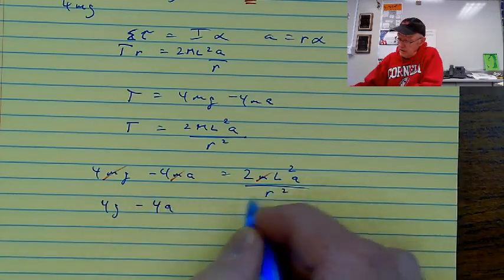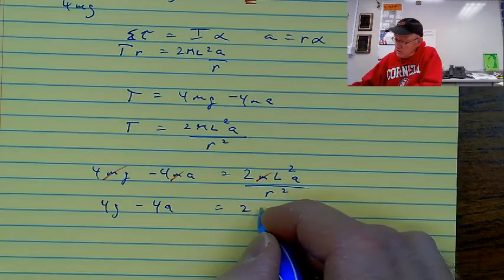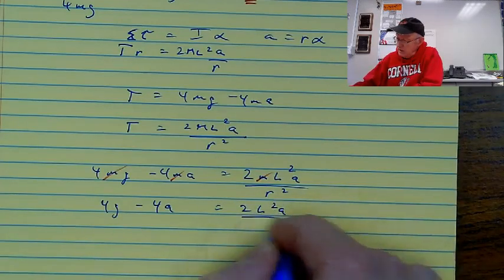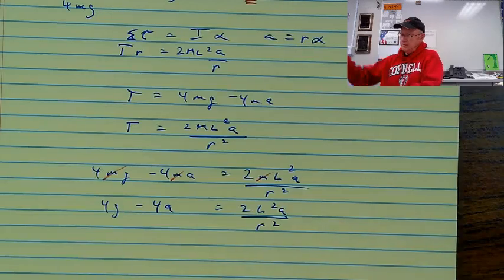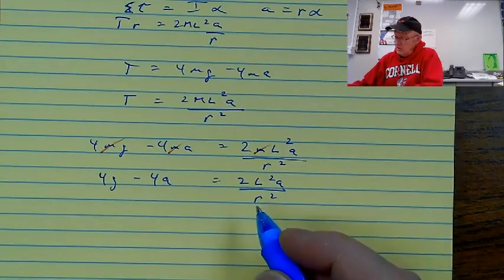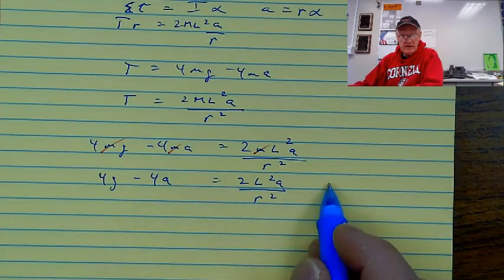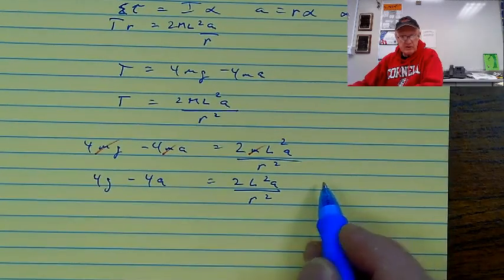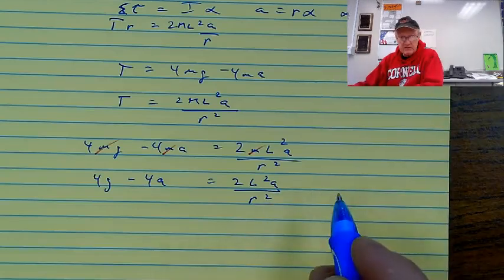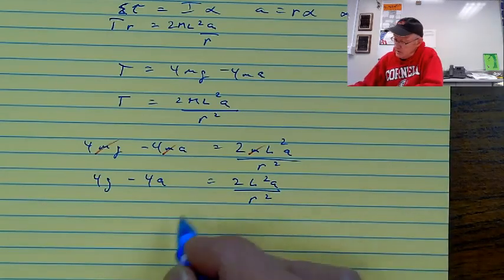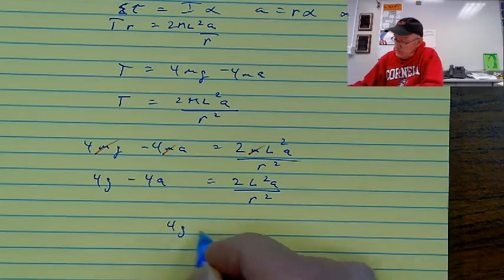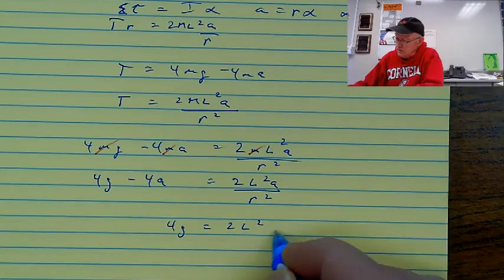Okay, well, let me bring these a's over to the right-hand side, factor out the a. Well, it's a little bit messy, but we're okay. So 4g is equal to 2l squared a over r squared plus 4 times a. What a mess, but I want to factor out a here.